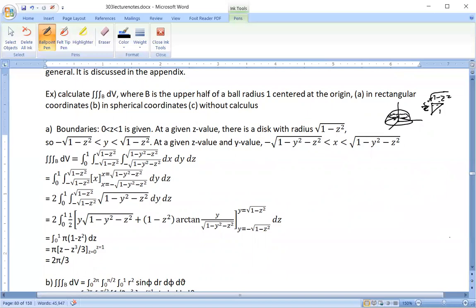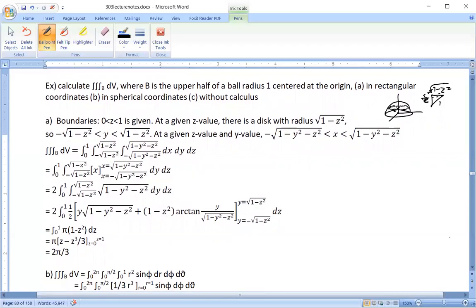And note that because the boundaries have constant values, and the function is fairly straightforward, we could do the integral in any order. But I'll just leave it like this. First we integrate dr, and that gives us 1/3 r cubed, r going from 0 to 1, and the sine phi hangs out.